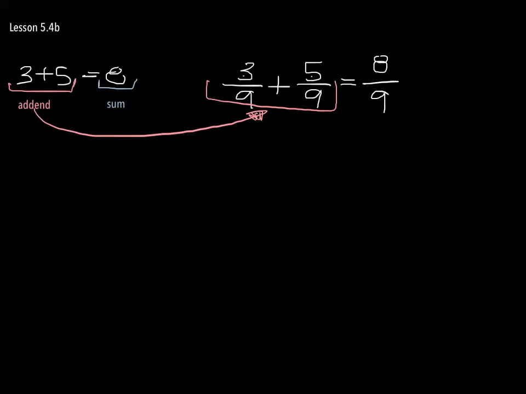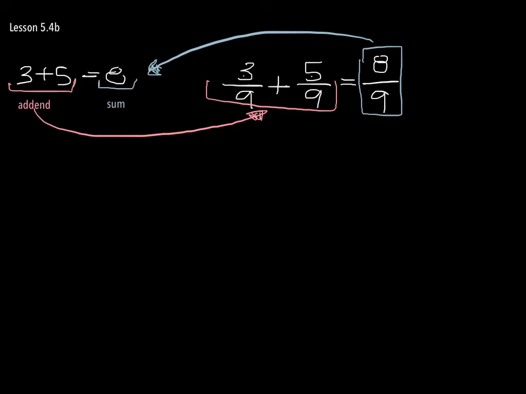Our sum is 8/9, which is what happens when we add our addends together. Okay? So that's just something that we need to know. The two named parts of an addition equation are the addend and the sum. All right.